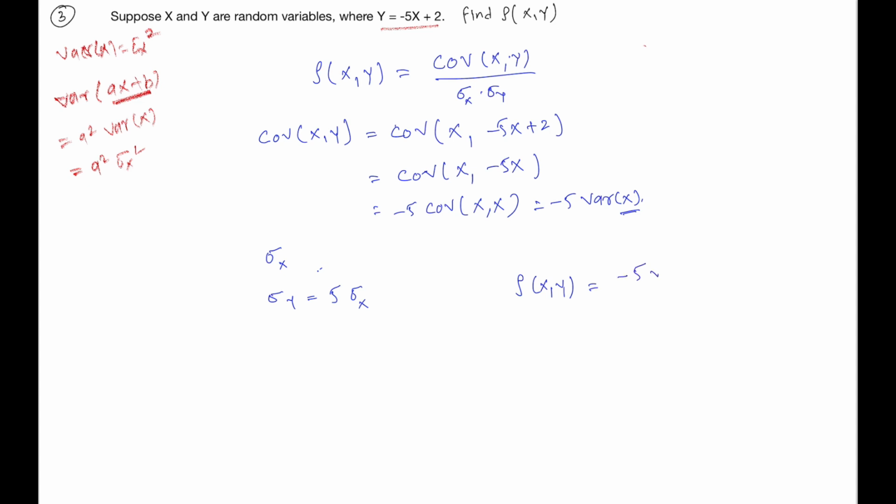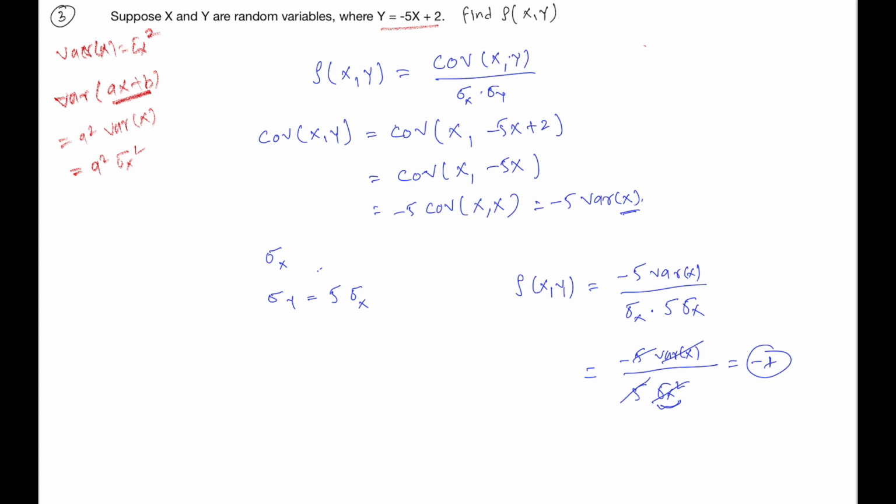The covariance is minus 5 times the variance of x, and the product of the standard deviations, and we have found that the standard deviation of y is 5 times sigma x. We can write it like this: minus 5 times variance of x divided by 5 times sigma x square. This sigma x square is nothing but the variance of this random variable x. So this will get cancelled, this will get cancelled. Overall you will have the answer that is minus 1.